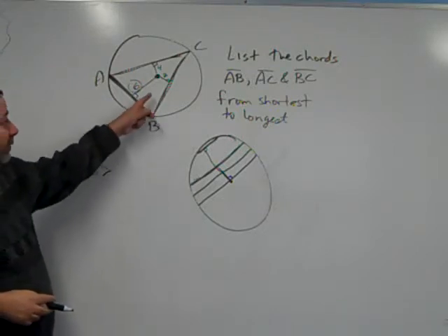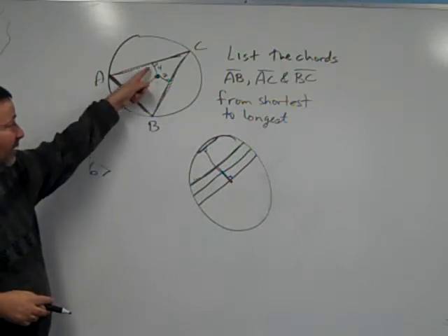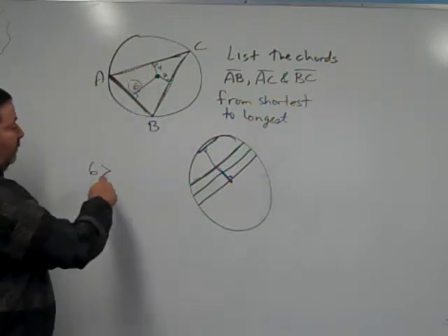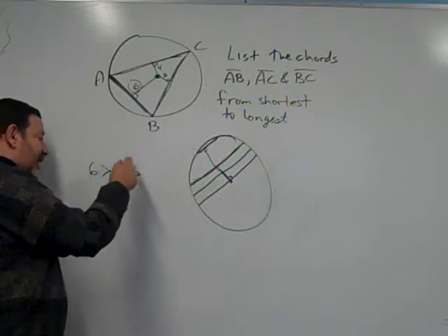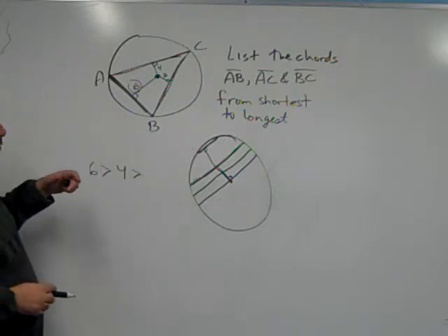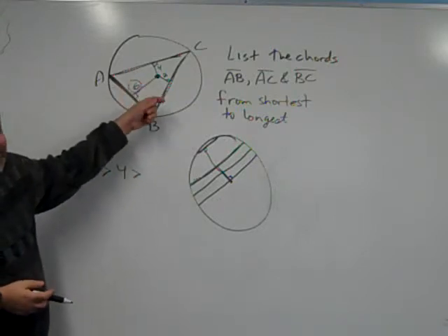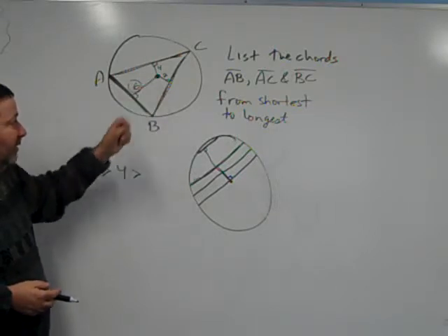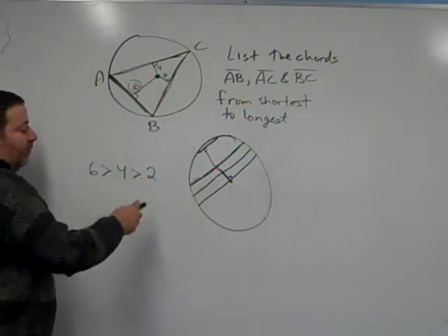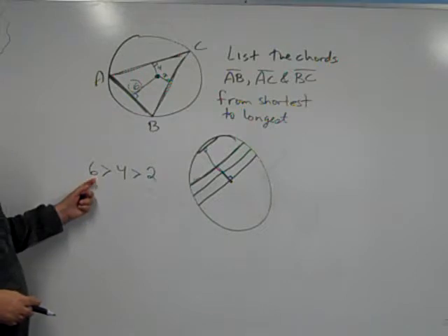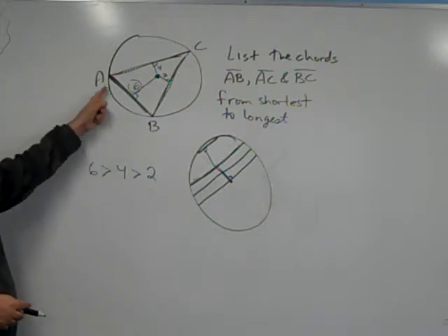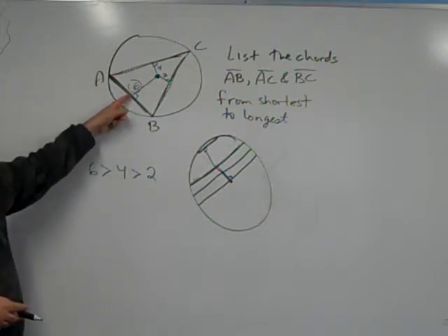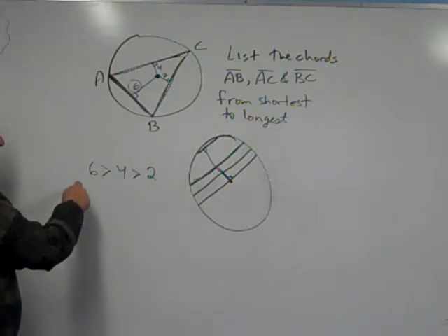The next one that's furthest away from the center is the one that's 4. And the next one, or shortest away from the center, is 2. 6 is the longest distance. That means the chord associated with that distance of 6 is the smallest.